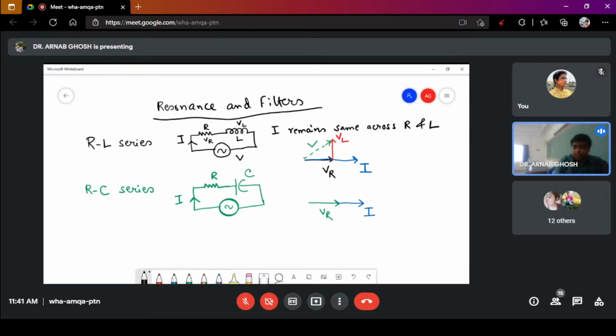So this will be your capacitive voltage, VC. This is in case of an RC circuit.